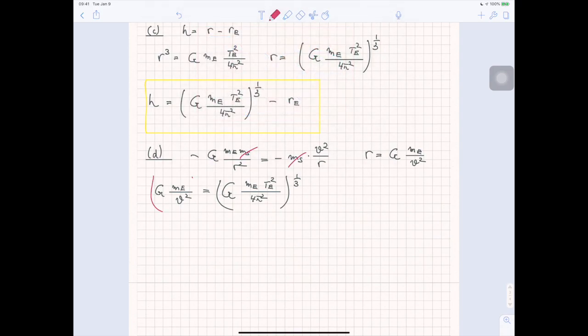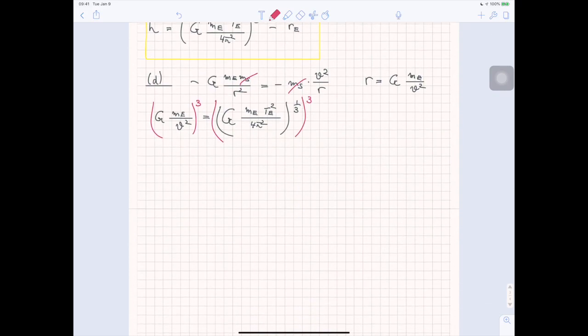To solve this, we take both sides to the power of 3.